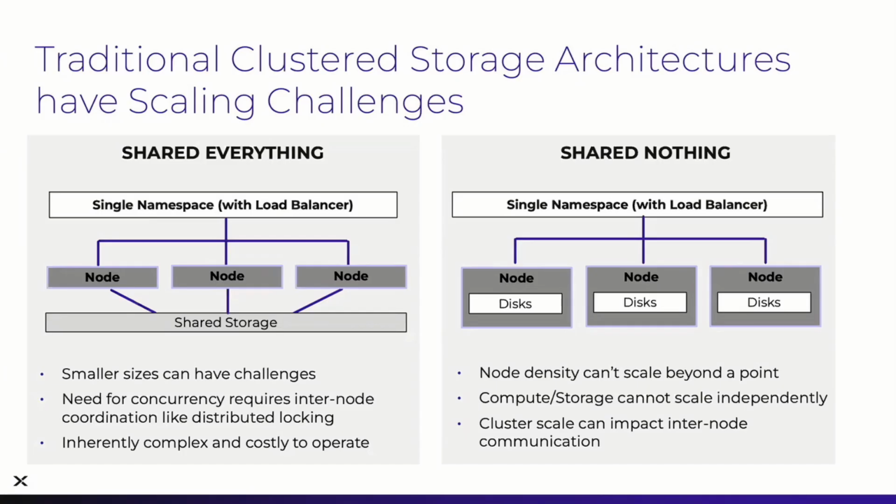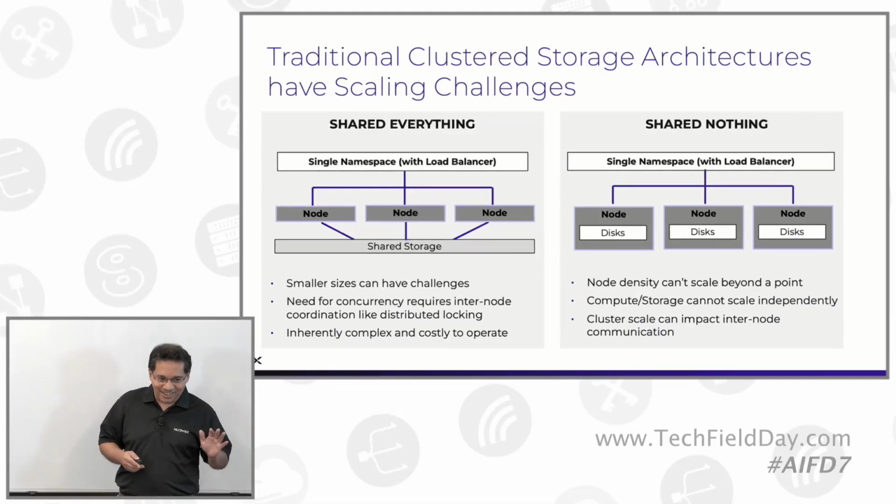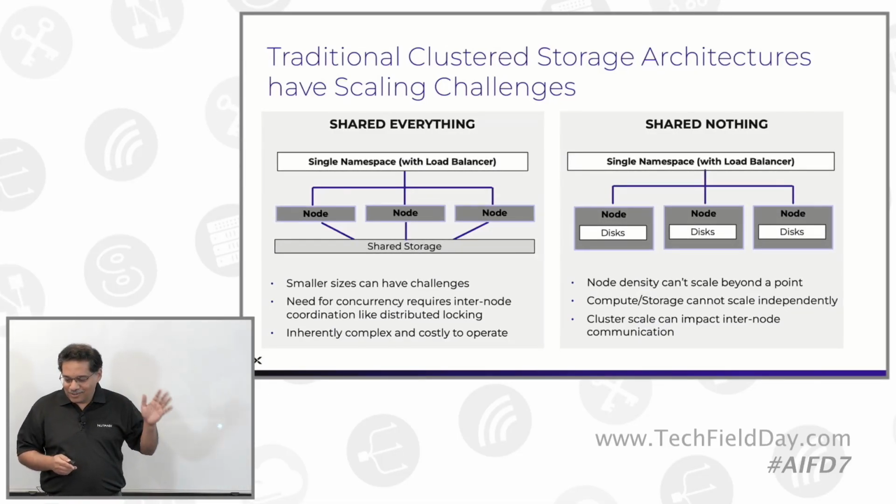This also looks great because it can scale linearly. The domains are different. But then how do you provide a single namespace without having a siloed infrastructure? There's a problem that there are load balancing issues. How do you make sure that specific parts of the namespace don't get hotspots? And so I've, in my past life, worked on both of these architectures. And like I said, both of these have challenges.